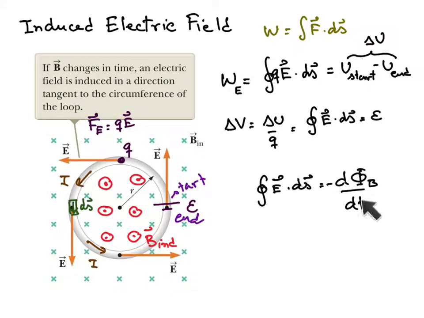So now we have the law that shows us that the change of the magnetic field will induce the electric field. That is what we discussed at the beginning of this lecture. Okay, in the previous lecture we saw that the electric field can induce the magnetic field. Now we know that the magnetic field can also induce the electric field.